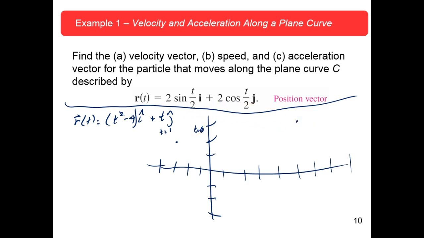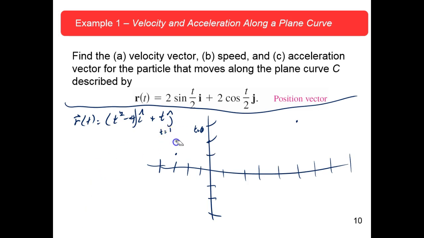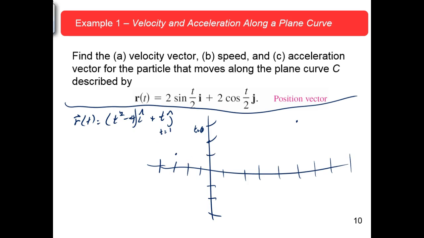I messed something up here. I went up too far. Okay, sorry. That was 1j on that one. Give me another t. This is t is equal to 3. Give me another t. 4.